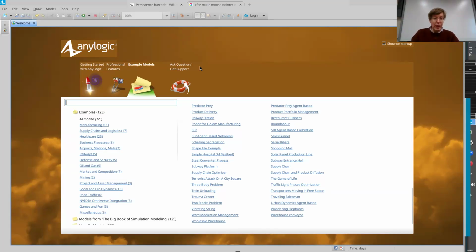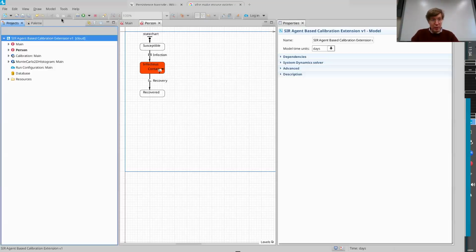If you click on that and open it up, you should have loaded in a model such as this one.